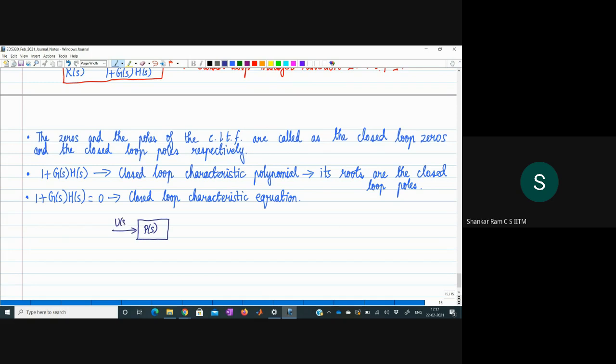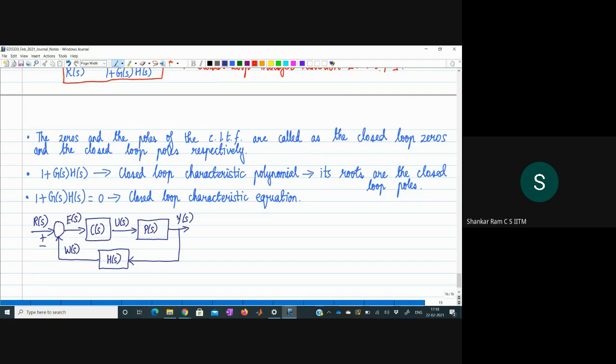So we had the plant transfer function to be P of S. Then the reference input was R of S. And the feedback path transfer function is some H of S. Then we bring it back here and we compare, and then we get E of S, and then we have our controller transfer function C of S.